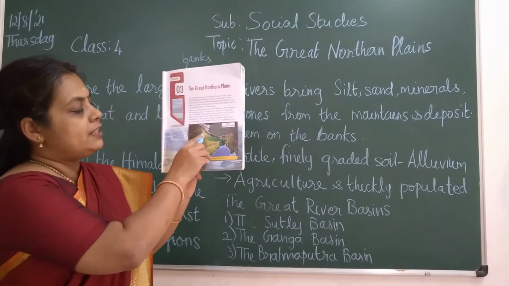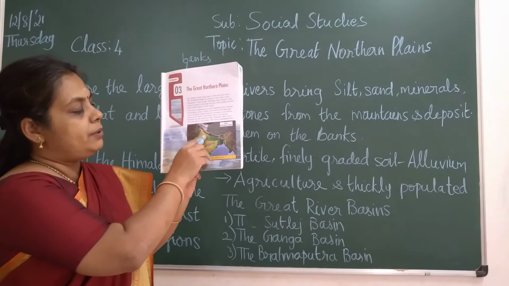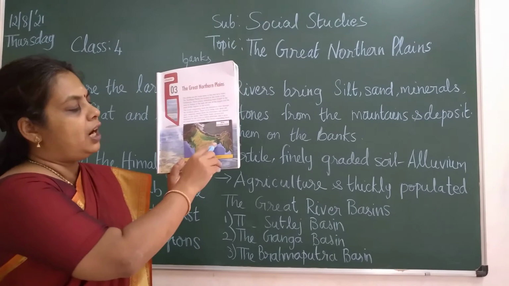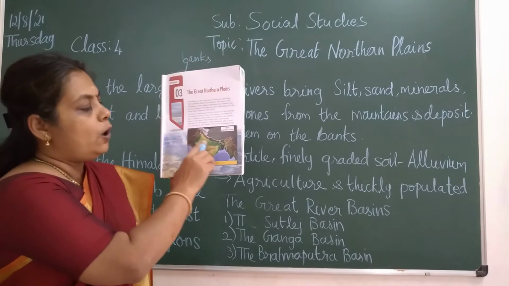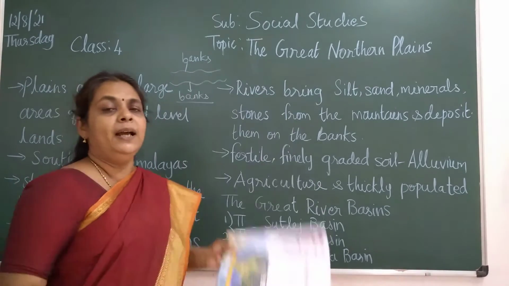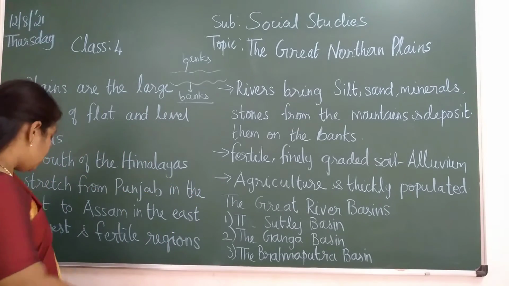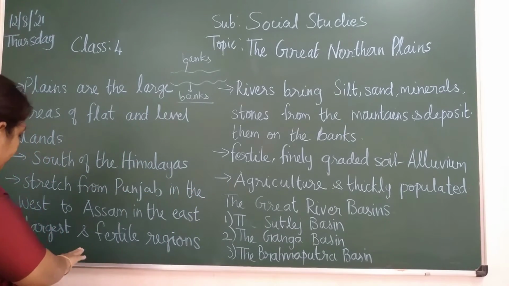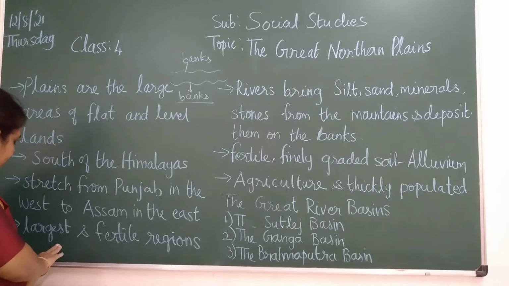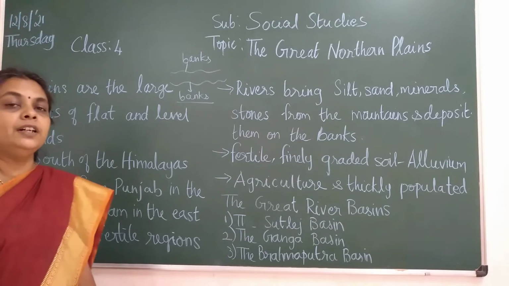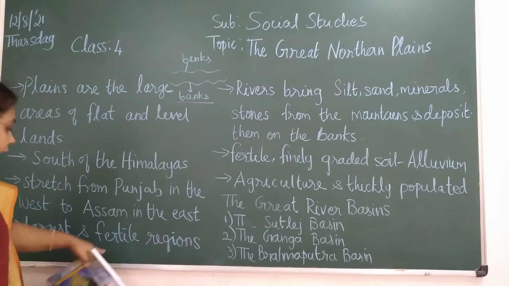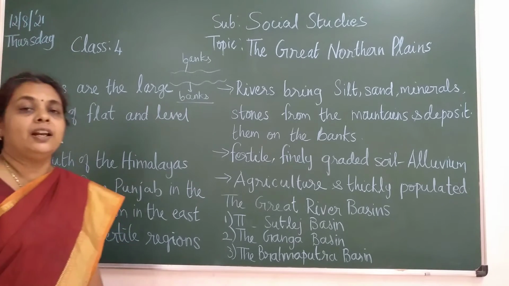It covers the states of Punjab, Haryana, Uttar Pradesh, Bihar, West Bengal, Assam, Meghalaya, like that. All those places you get the plains. This Gangetic plain, they will tell, is the largest and most fertile region. These northern plains are the largest and fertile region in the world.